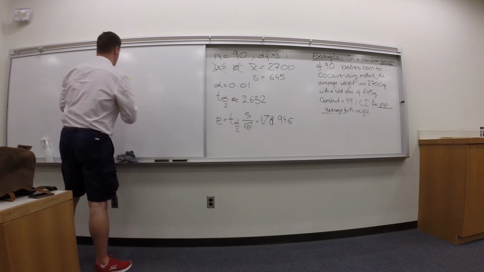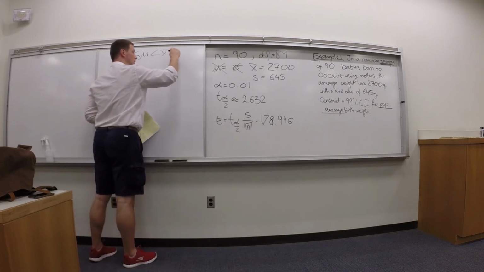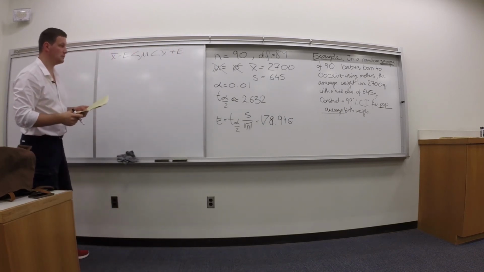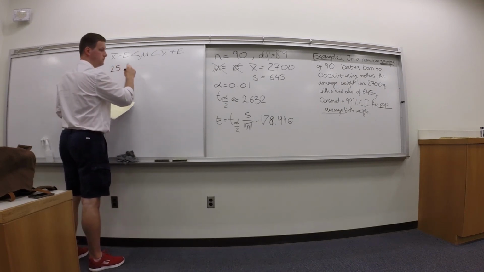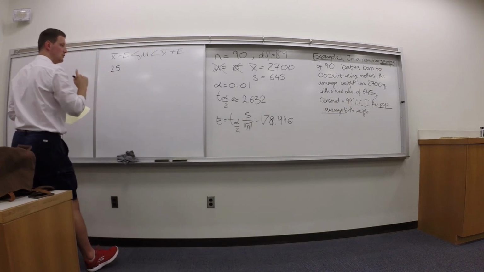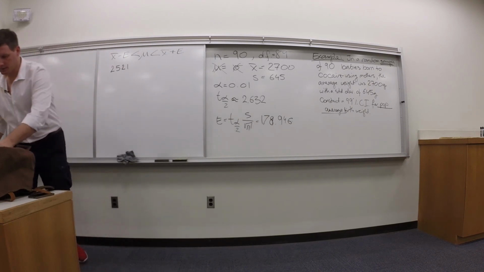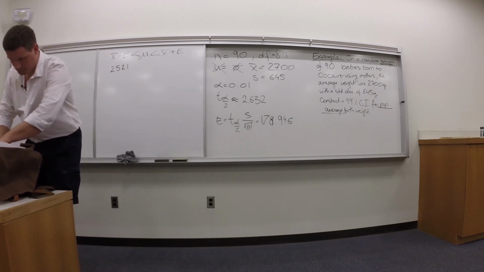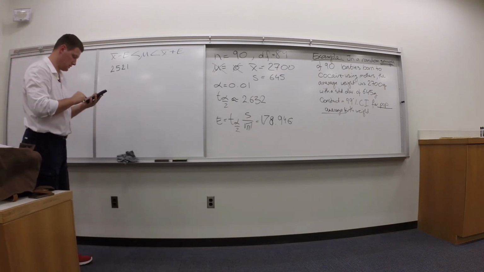And the confidence interval was defined as x bar minus E less than mu less than x bar plus E. So we add those things up and we get 2521, something. Yep, 178. So 2700 minus 178.946.